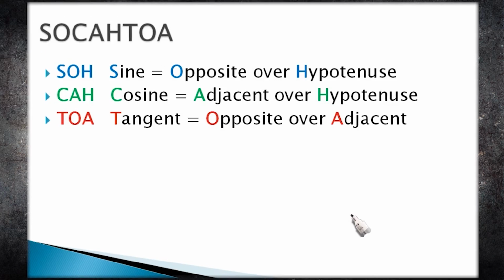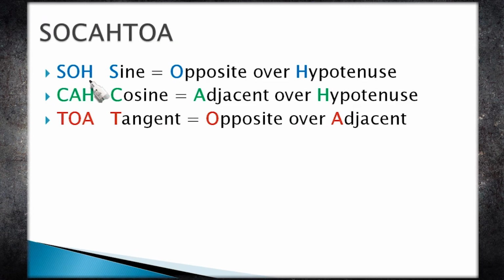Now, before we end, I need to emphasize again how important it is that you remember how to calculate these three ratios, sine, cosine, and tangent. There's a mnemonic that's been around for decades that I think is very helpful when you're trying to remember which ratio sides belong to which trig function. It's Sohcahtoa. If you can memorize Sohcahtoa, you're in good shape. Here's what you need to remember about this mnemonic.